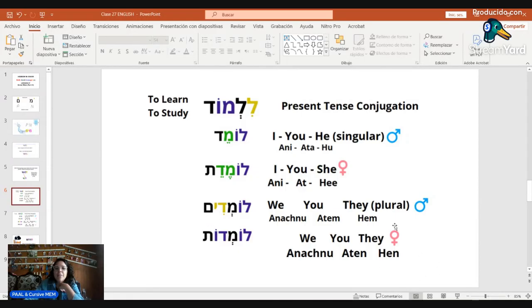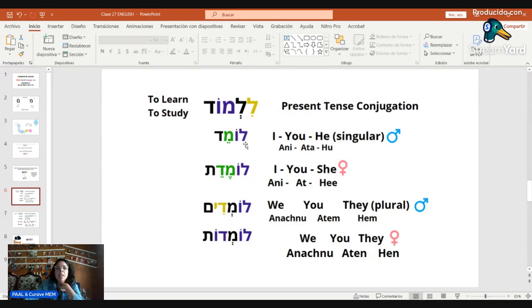For plural feminine, it will end in holam vav tav. That's why PAAL verbs are very easy: you always add tav to singular feminine, yod mem to plural masculine, and holam vav tav to plural feminine.